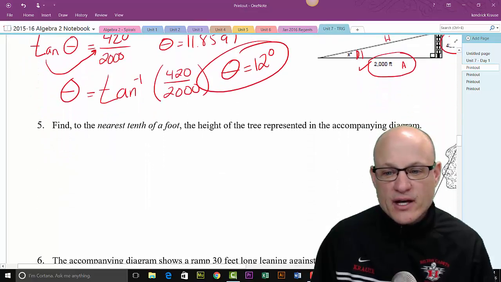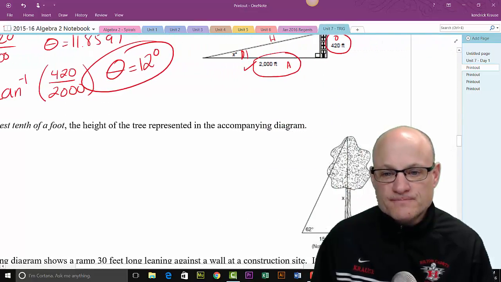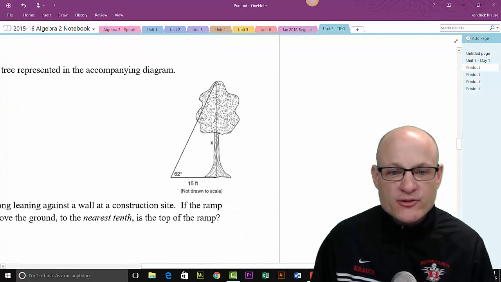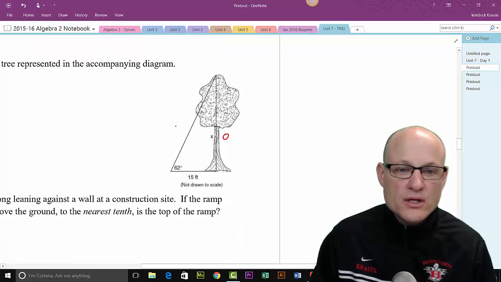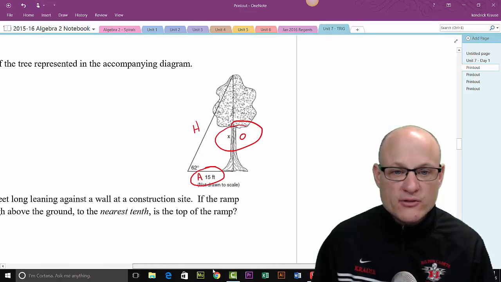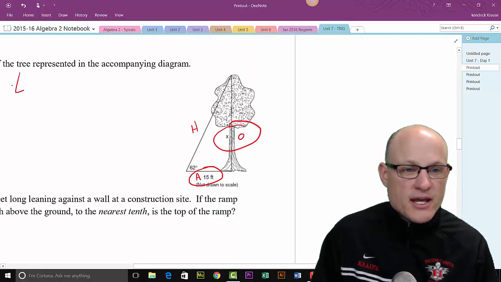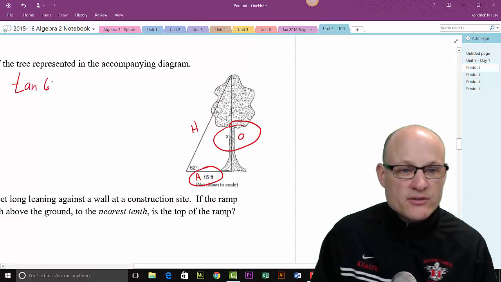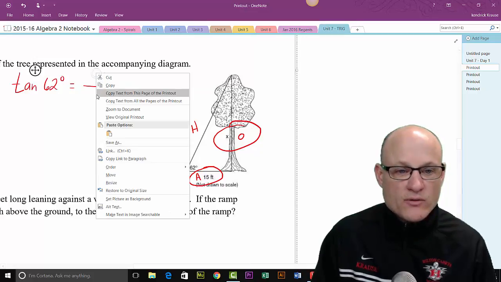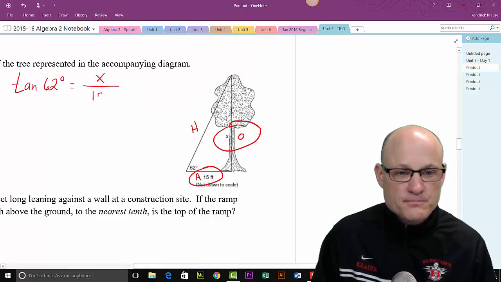This is what I want to find, the height of this tree. So the first thing I'm going to do is label it O, H, and A. We're using tangent again, because the two sides in play are x here, which is the height, which is opposite, and A. So tangent of 62 degrees is equal to opposite, which is x, over adjacent, which is 15.